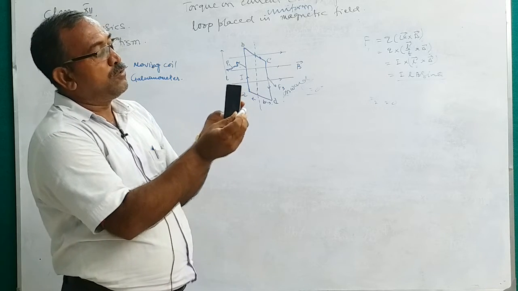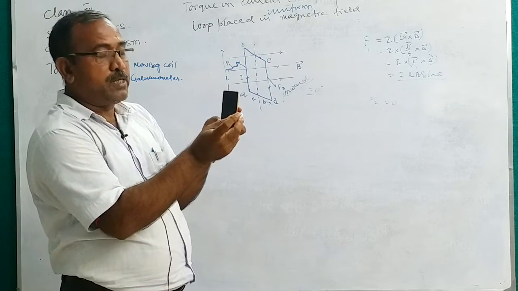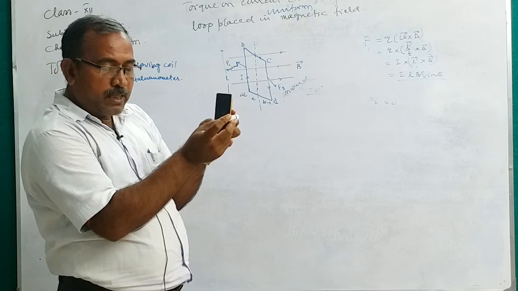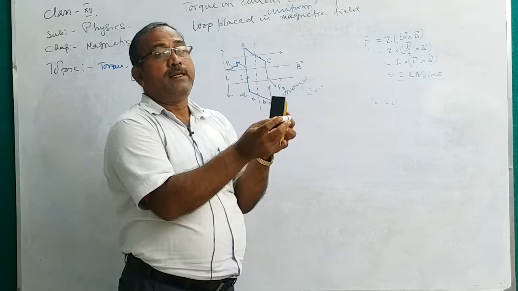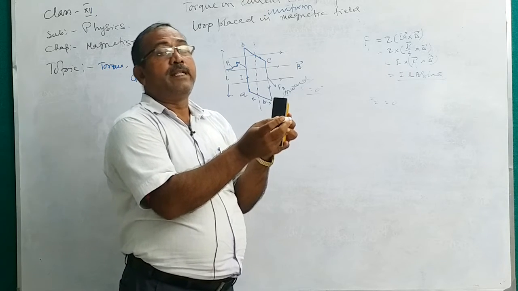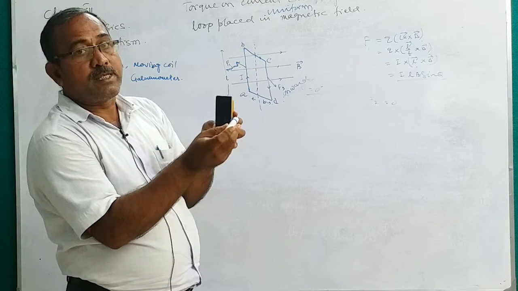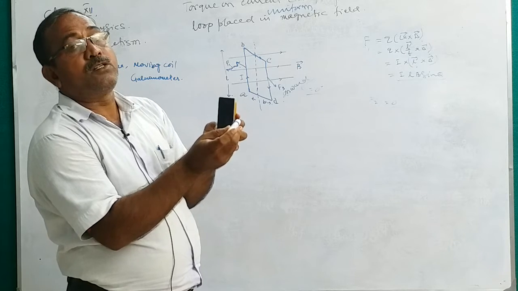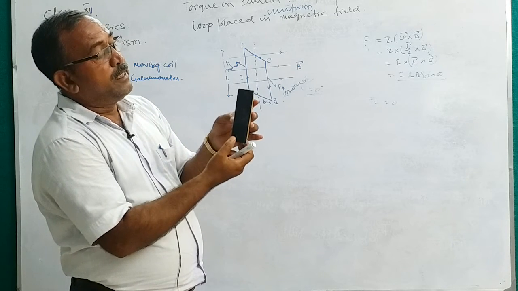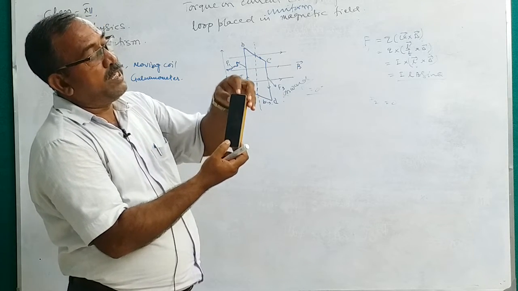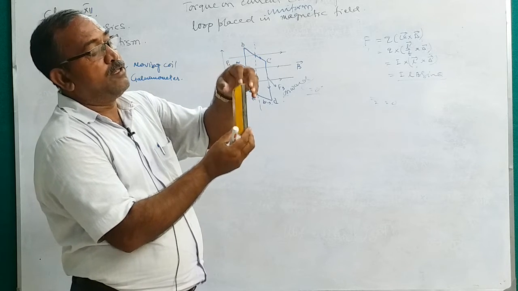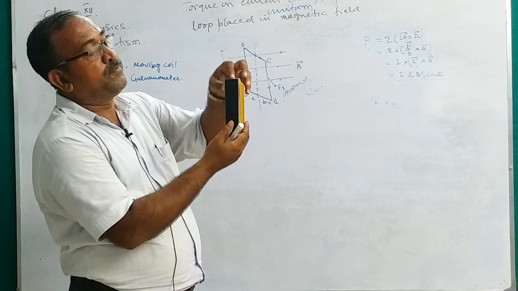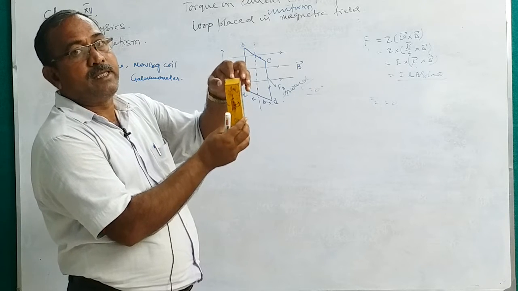So equal and opposite forces act on the two sides of the rectangle, and the values are the same, so they create a torque, and the loop will be rotated with respect to an axis.